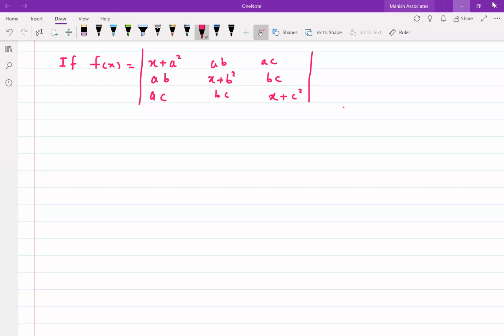The question says prove that f dash x, the derivative, is equal to 3x square plus 2x times a square plus b square plus c square. ये प्रूव करना है, ठीक है.